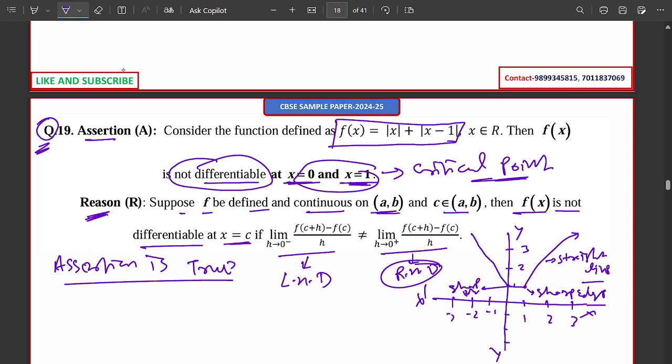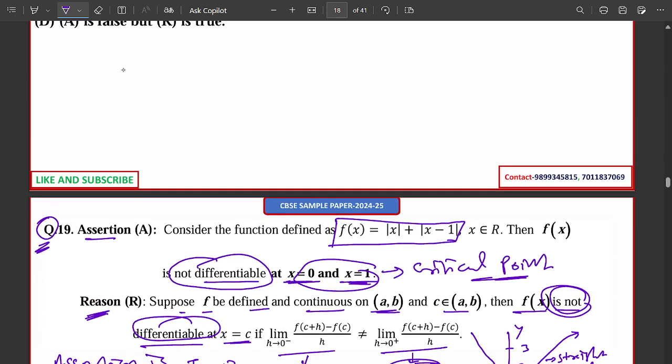We all know if left hand derivative and right hand derivative are not equal, the function is not differentiable. So this statement is also true, and the reason is also true.